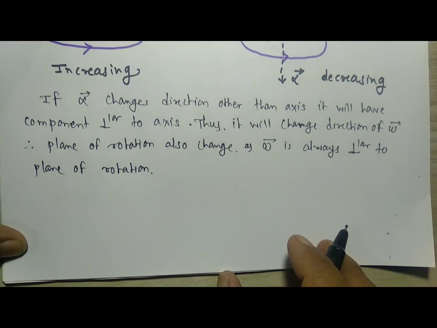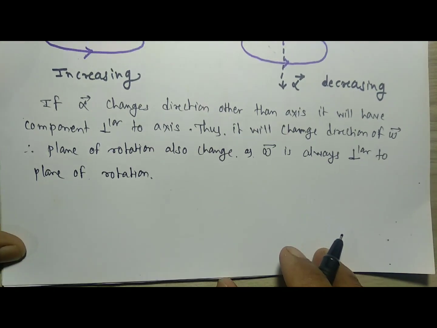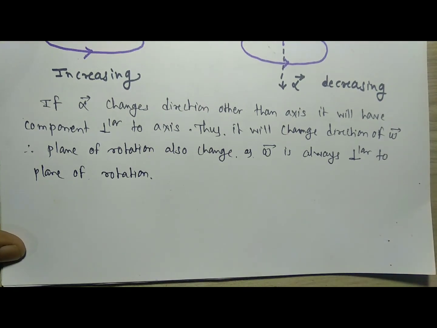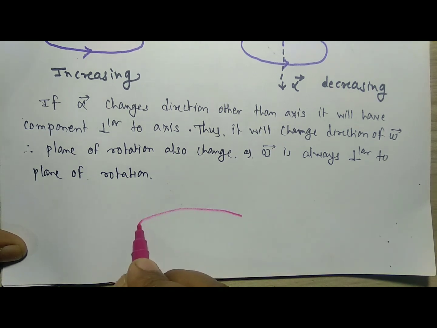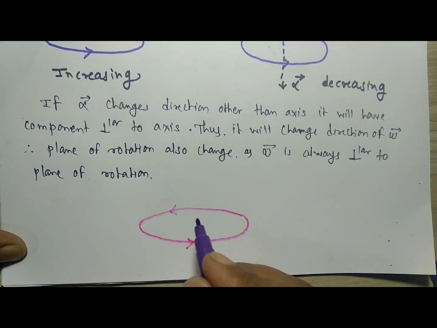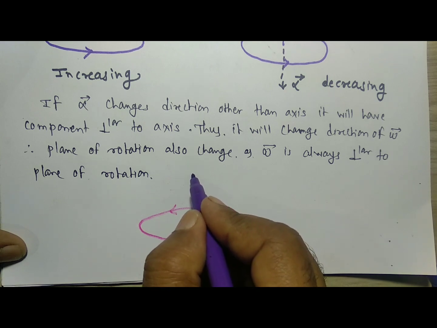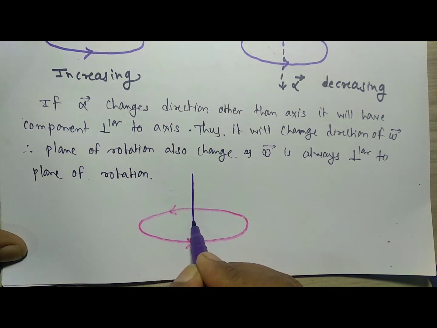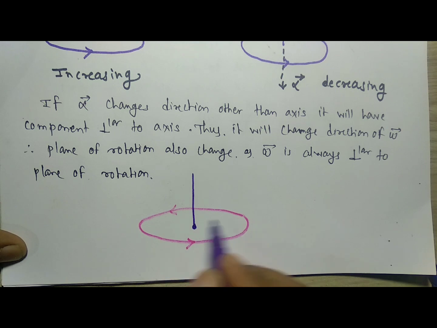What does it mean? Let us think about the related considerations. First of all, this is circular motion. In circular motion, the particle moves in the anti-clockwise direction. Now we consider this as the axis of rotation, which passes through the center.